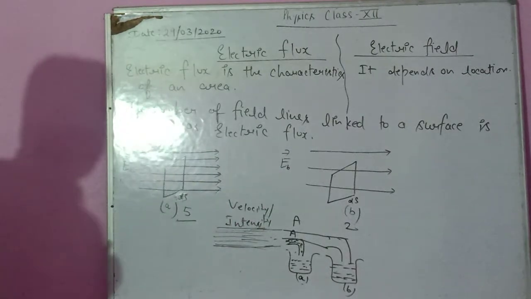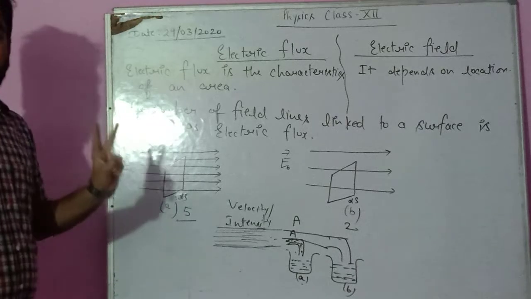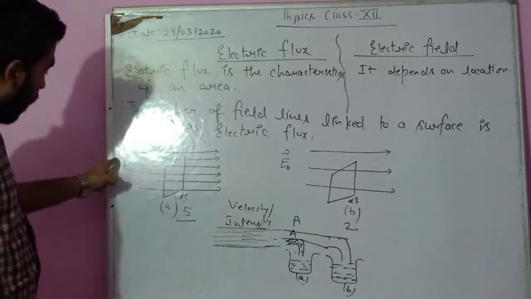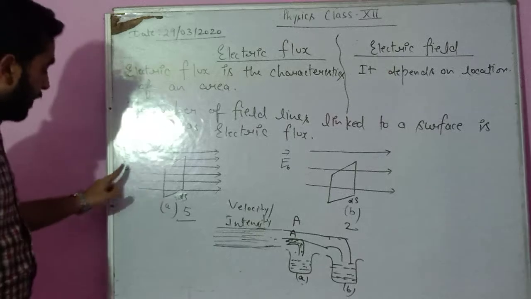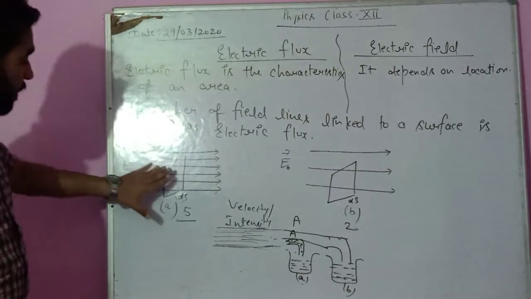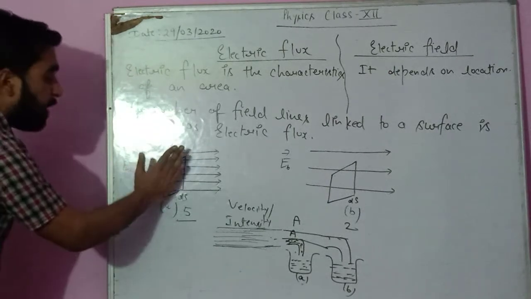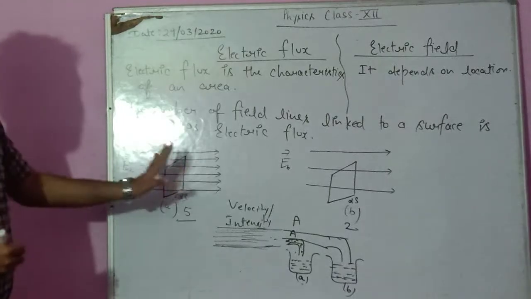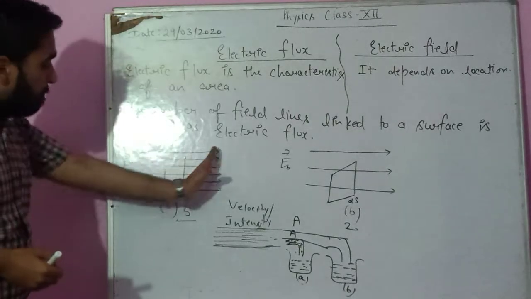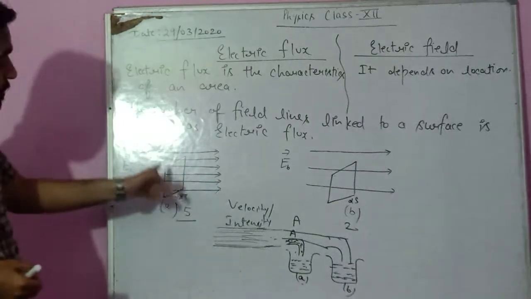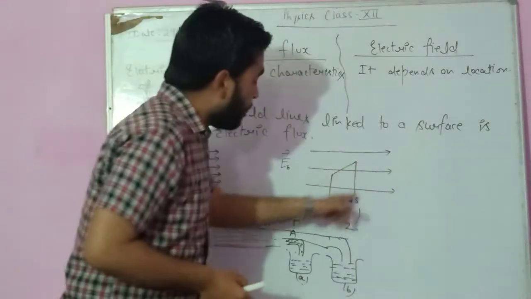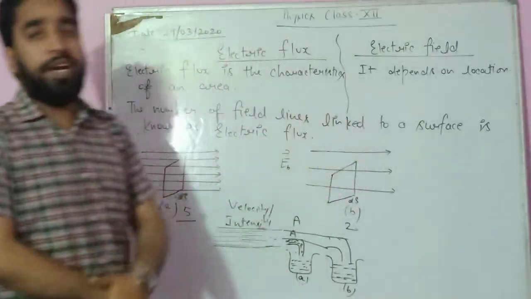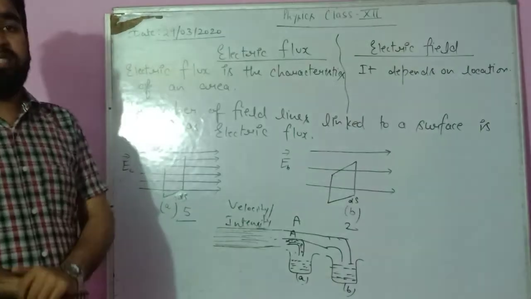In a similar way, electric flux also depends on two things: the electric field intensity and the area. The higher the area, the greater the number of electric field lines that pass through the surface, and the lesser the area, the lesser the number of field lines that pass through the surface.